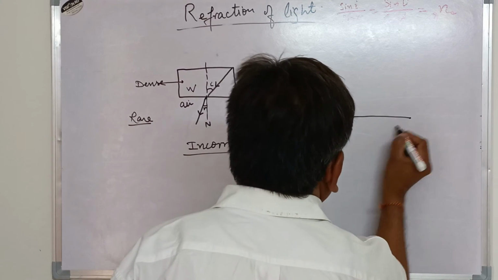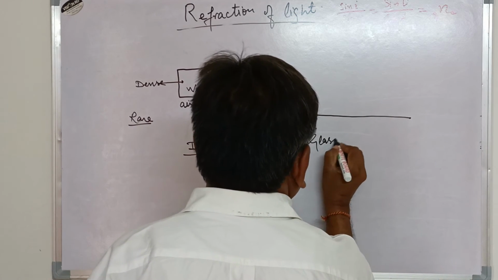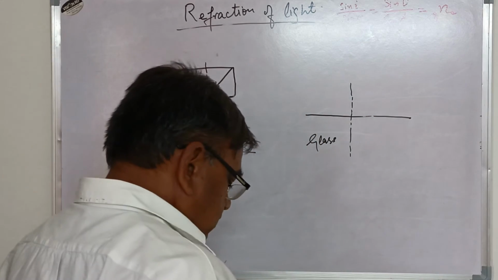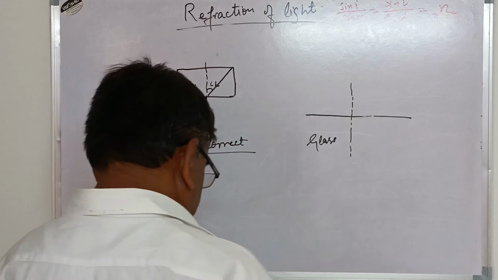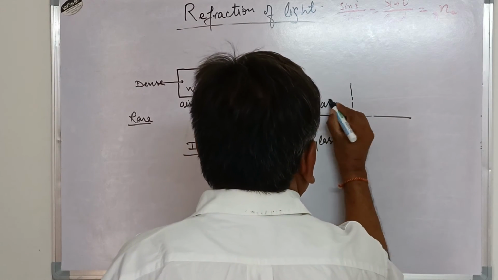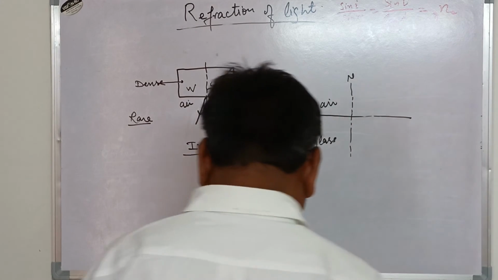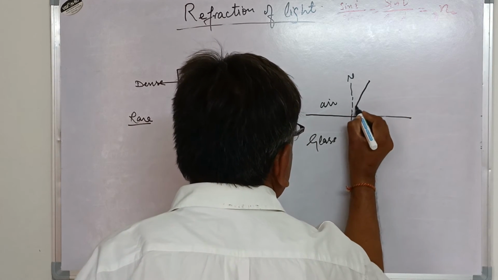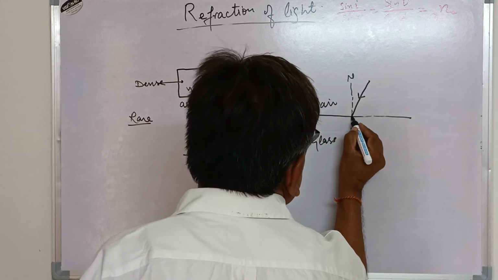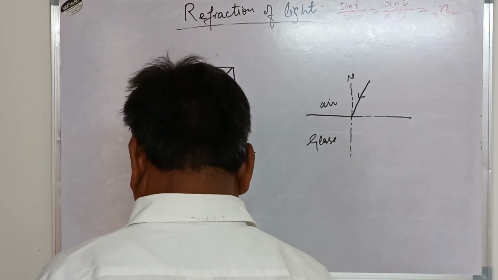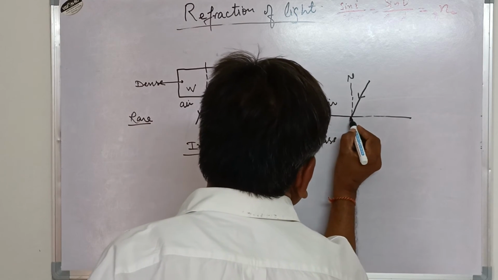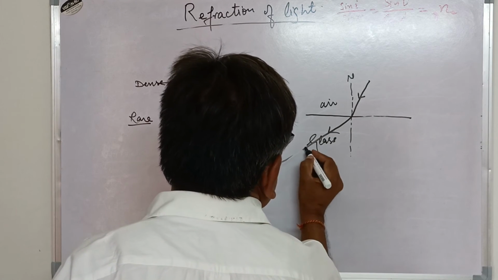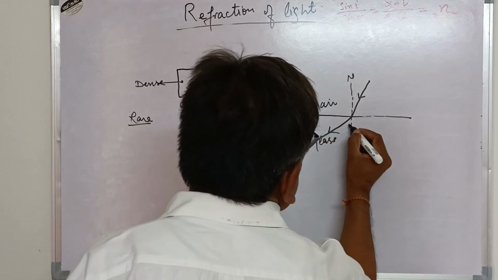This is the boundary, this is the glass, this is the normal, this is the figure made in the book, this is air and this is the normal. It is shown that the ray comes at the boundary, and when it enters the glass, it goes in this way, away from the normal.